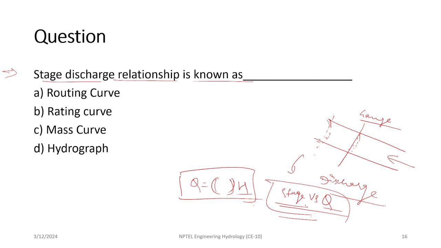Once they establish this stage and Q relation using past year data, this relation may be valid for maybe 1 or 2 years only, because after that they assume that this cross section may get changed.